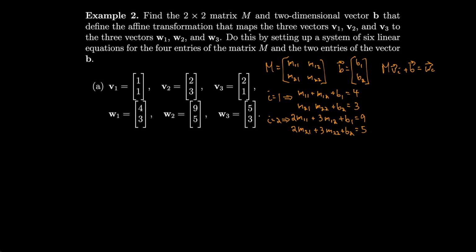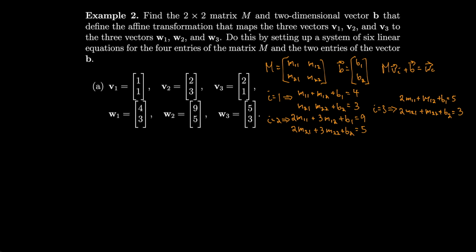Last but not least, for i equals 3, we have 2M11 plus 1 for M12 plus B1 equal to 5, and we have 2M21 plus M22 plus B2 equal to 3.